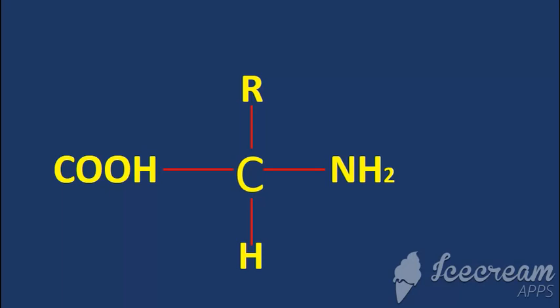Out of these 20 different amino acids, we cannot synthesize certain amino acids in our body. Therefore, we need to obtain these amino acids from an outside source. That means we need to consume foods having these amino acids.